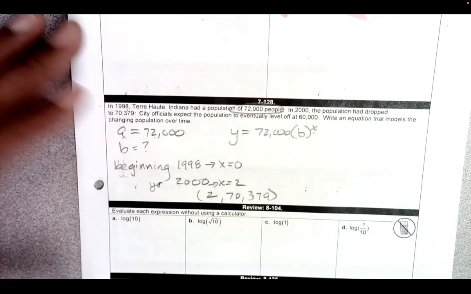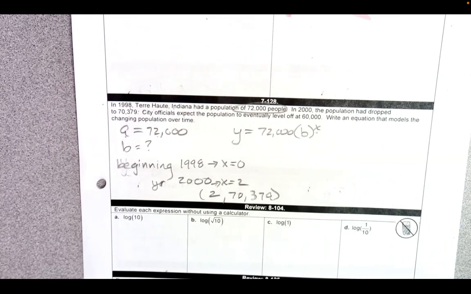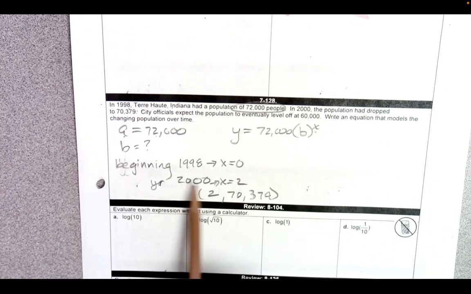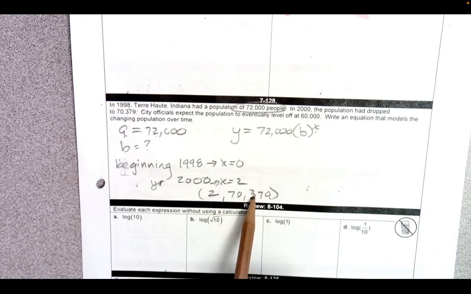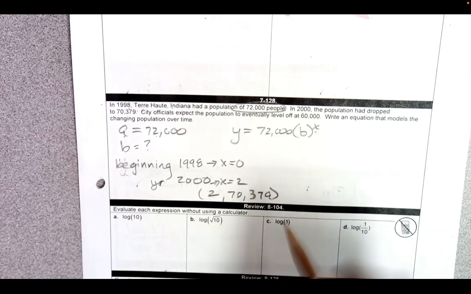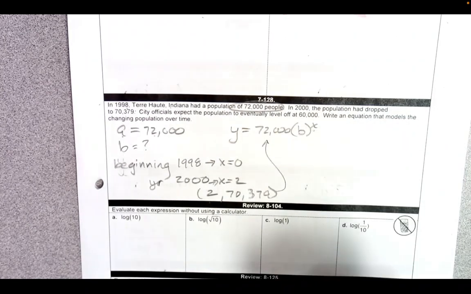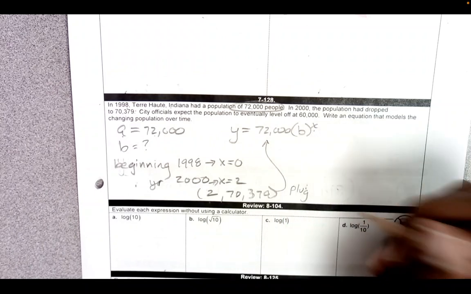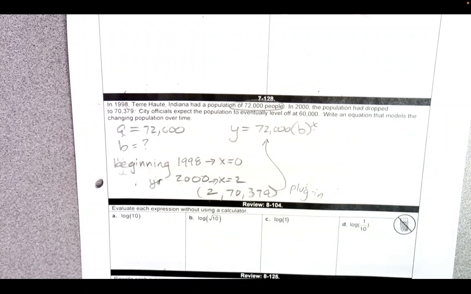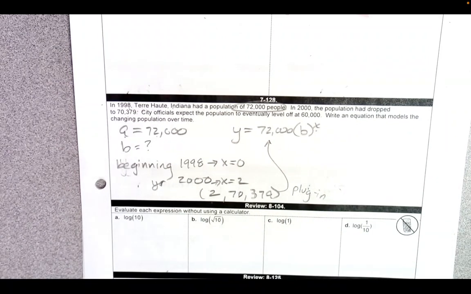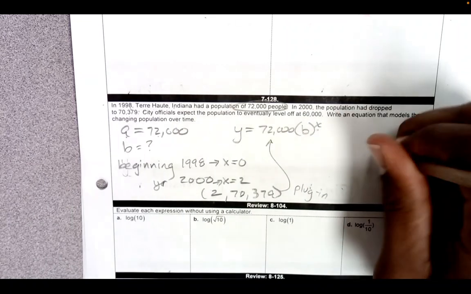Again, this is why I'm going over this, because I know some of you will get stuck on this. So X equals 2 because it's 2 years later, and the Y value is the population. That's what you have to plug in to solve for B. And this one, you don't have to do anything further than that. Once you solve for B, then you just write out the equation. So you've got one more step after that.